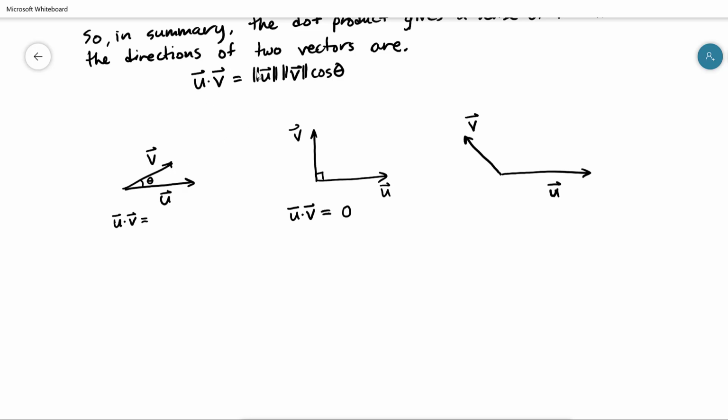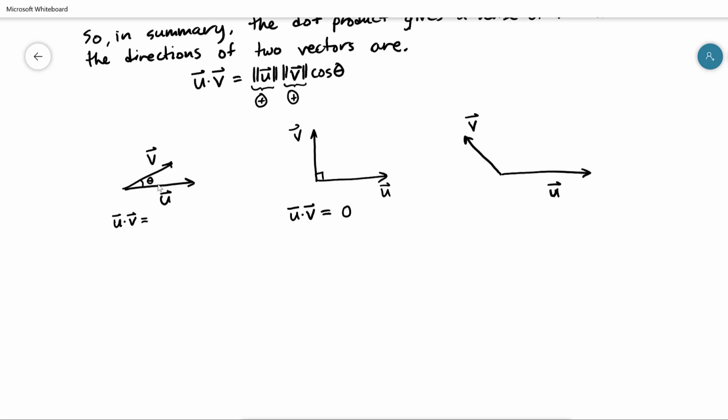All that I know is that these magnitudes are both positive numbers. So no matter what, this term right here is a positive number. This term right here is a positive number. They're lengths. It's impossible for a magnitude, a length, to be negative.